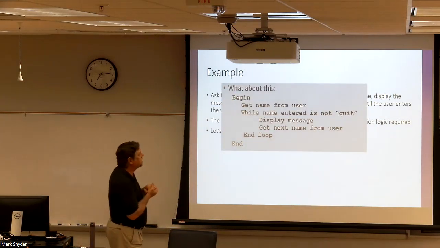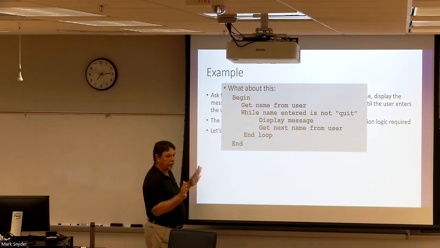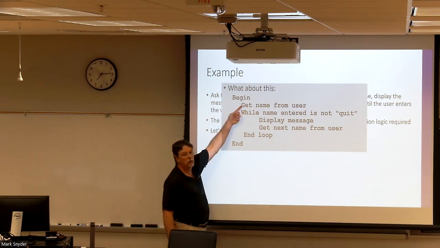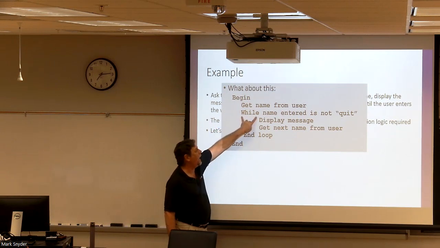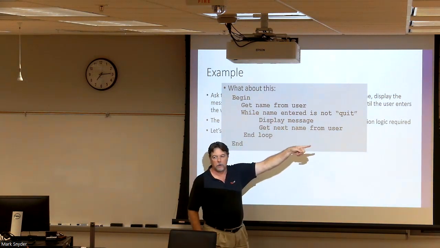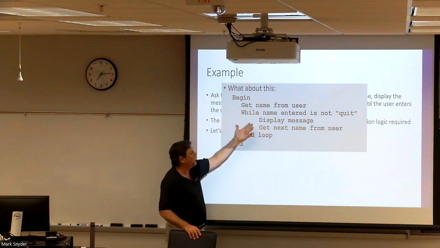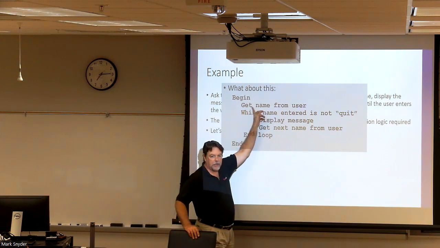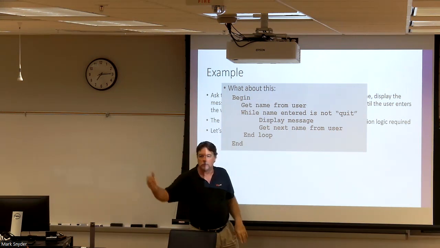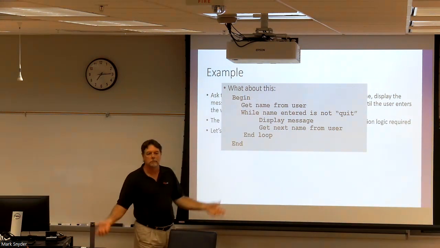So let's think about this one. Pseudocode again, right? So get a name from the user. So I've set my initial condition while the name that they entered is not quit. And this is pseudocode, so I'd probably be saying, get the name from the user and put it into a variable called username.